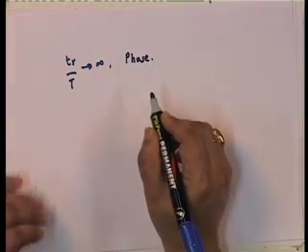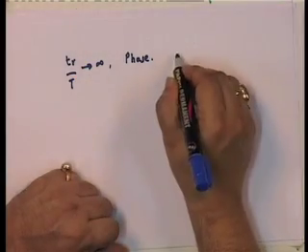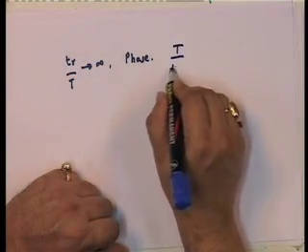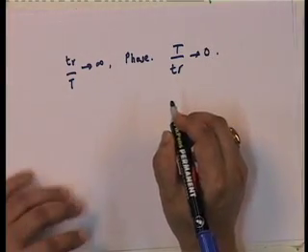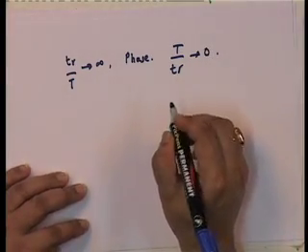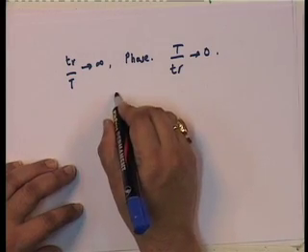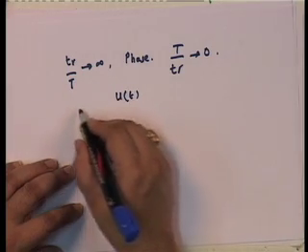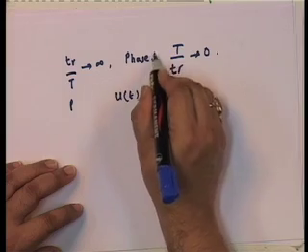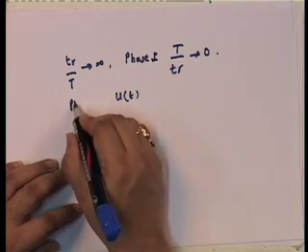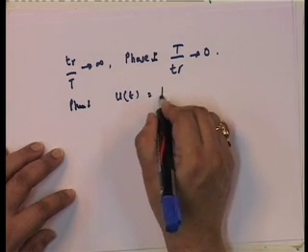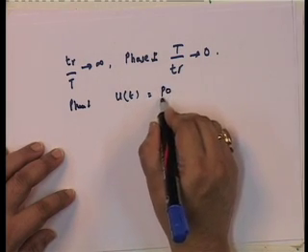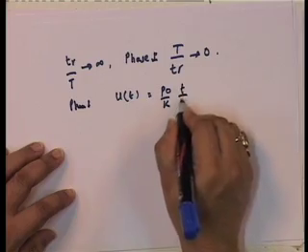in phase 1. If this tends to 0, this implies that t by t_r tends to 0. So, if t by t_r tends to 0, then u of t will be in phase 1 obviously, and in phase 1 u of t is equal to P naught upon k times t by t_r.